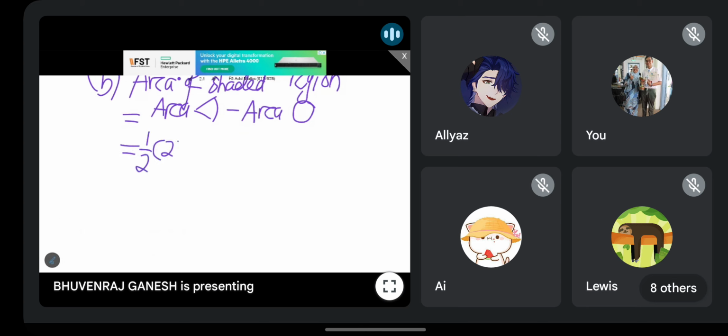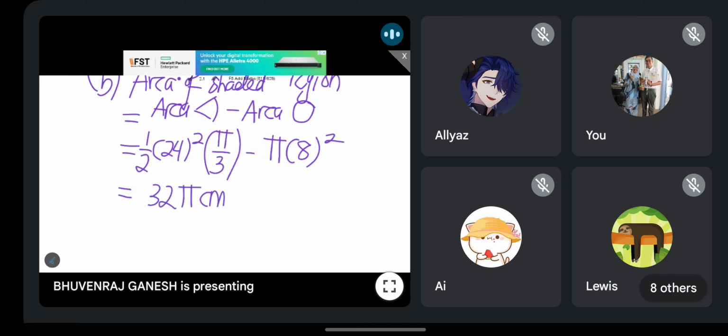So half 24 square theta in radian, so is pi over 3, minus area bulatan pi r square, so is pi 8 square. Okay, so if you count and see, final answer, you should get 6 minus 6, 32 pi cm square.